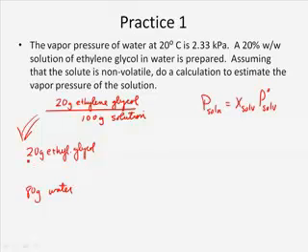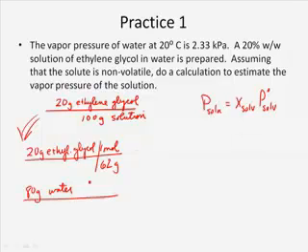I need a mole fraction out of this. Ethylene glycol has a molar mass of about 62 grams per mole, and water, of course, is about 18 grams per mole.